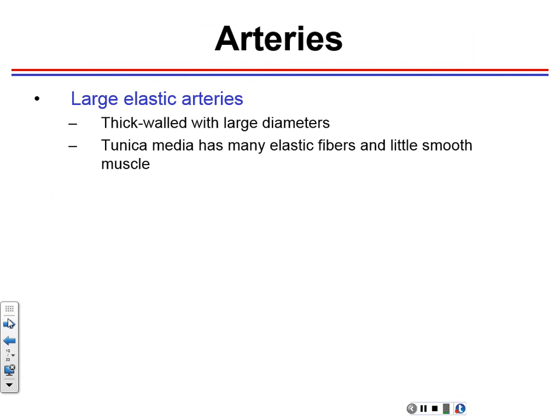Okay? So large elastic arteries, okay? Thick walled, very large, a lot of elastic, and they have large diameters, like the aorta, which you're going to see very soon, because they will be dissecting the heart. Kind of works out nicely today. So the tunica media has a lot of elastic tissue.